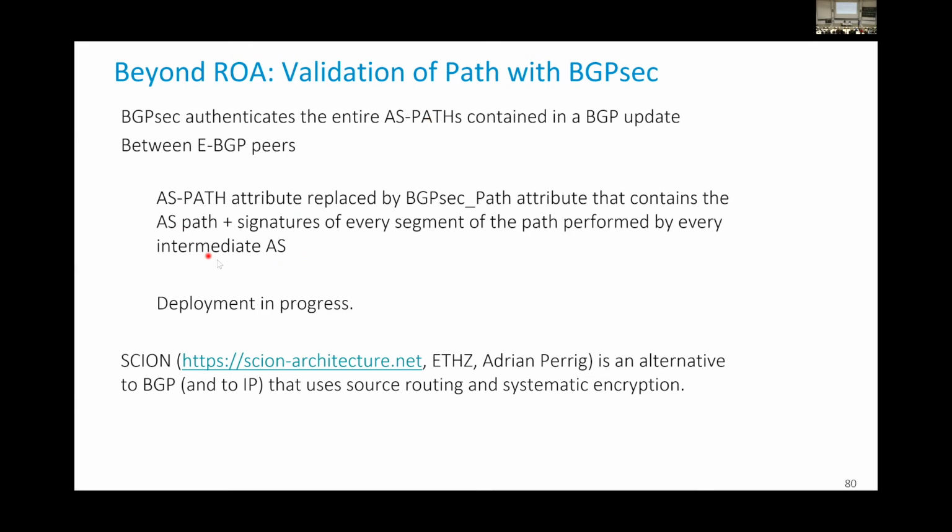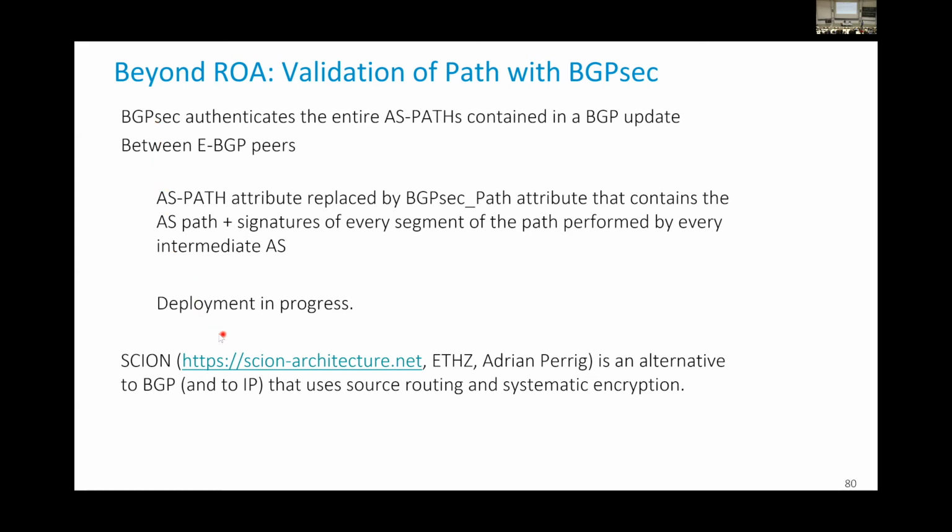The reason for that to be much slower, so this is in progress, but it happens very slowly, is that now you need to verify all the fields that are received in a BGP announcement. If a BGP announcement has 6 different ASs, you will need to verify the complete thing. And the BGP routers have CPU performance bottlenecks. So this is in progress, but has a considerable cost impact on the BGP routers. So security is really the weak point of BGP.